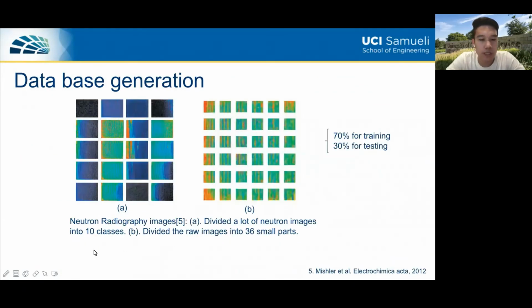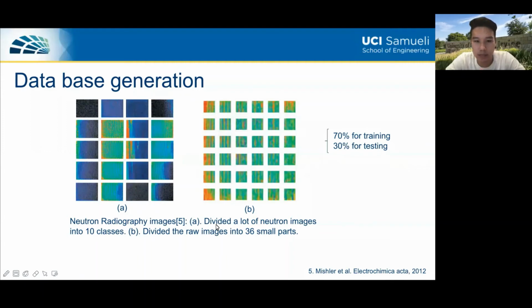Before we train the model, we need to preprocess the images to form a data set. Figure A shows the neutron images from the Mishler, and we use lots of this kind of images to train our CNN model. The neutron radiography images are divided into 10 classes.